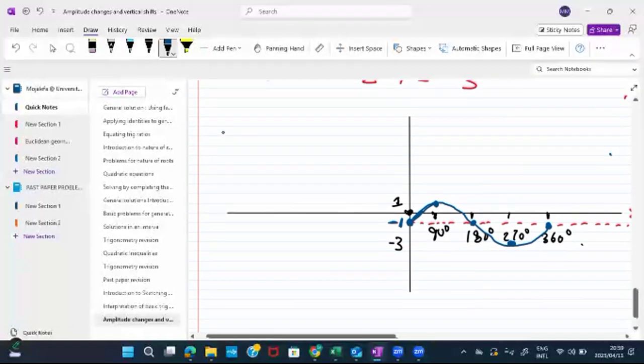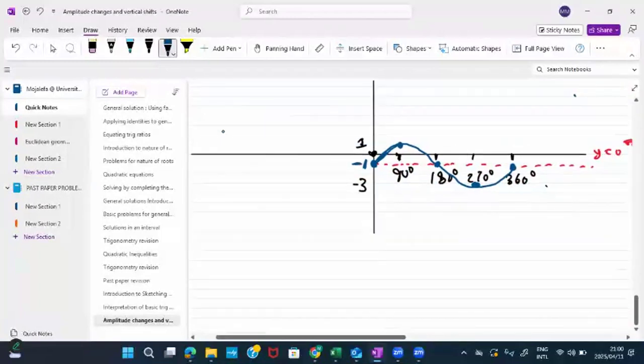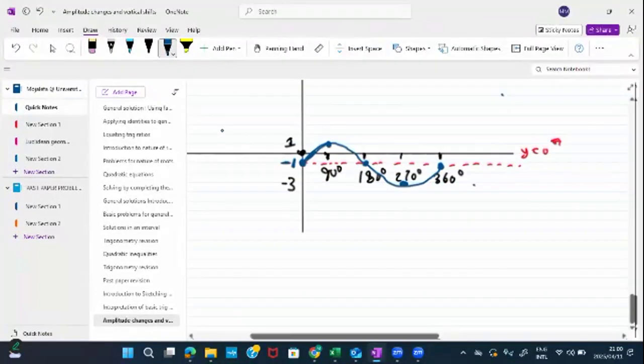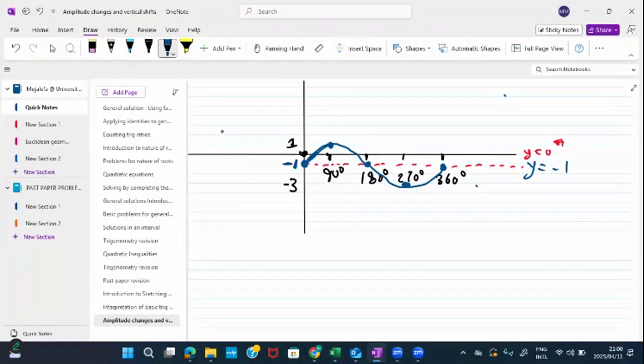That's how your graph must look. You see how we thought so hard about which point, and we ended up thinking about this line here. This line was called -1, which is a large amount of work, whereas you can just use a calculator to get the points. Let me teach you how to use the calculator.